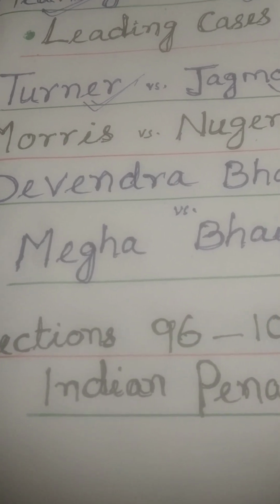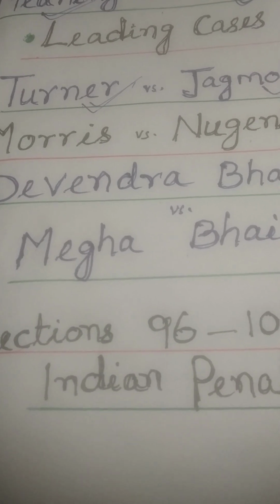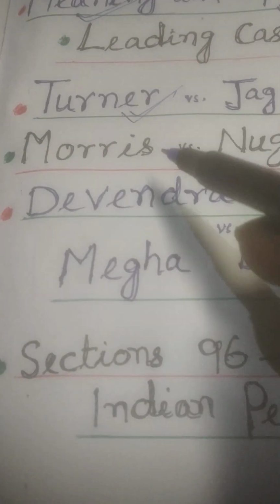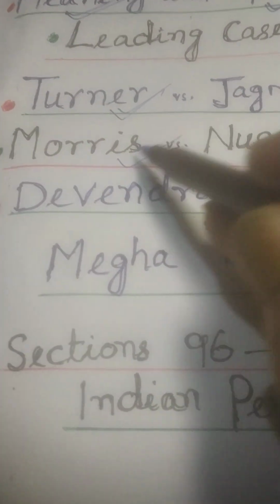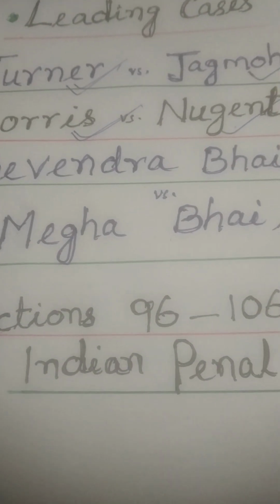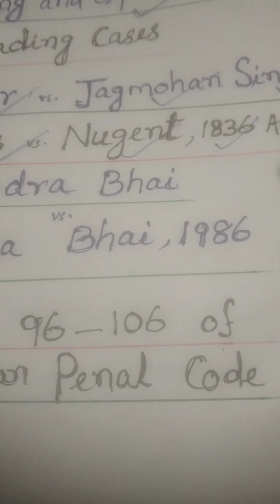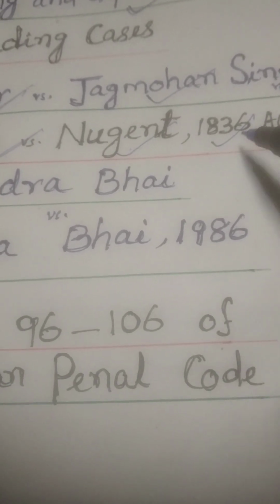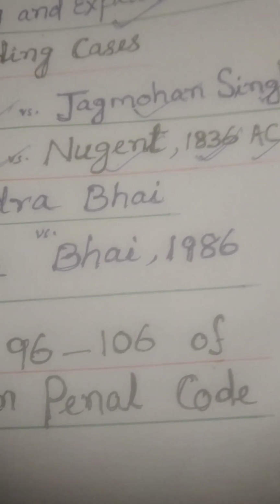Our second important leading case regarding private defense is Ilott versus Wilkes, or Morris versus Nugent, a case of 1836 decided by the Court of Appeal.